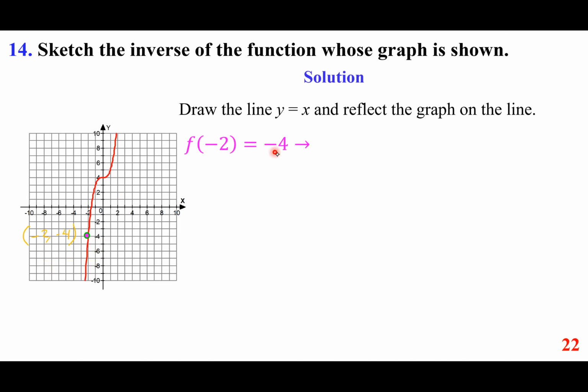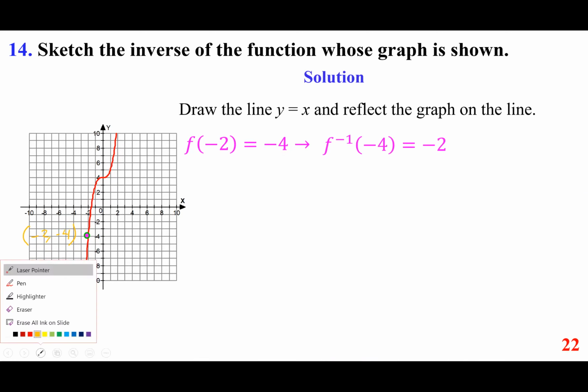Which means -2, comma -4 is one pair on the graph of the function f, then -4, comma -2 must be a pair on the graph of its inverse. Therefore, f inverse of -4 must be -2. I'm going to go over that one more time. I want to make sure everybody understands what that means.